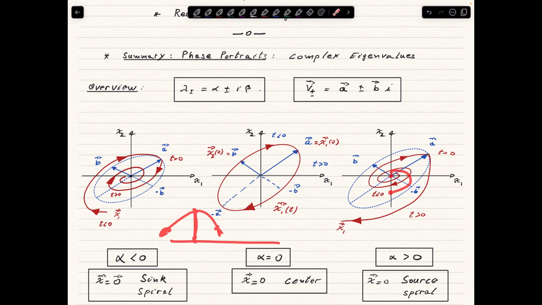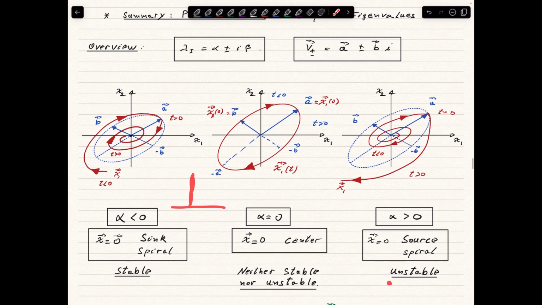So the solution is going to go to infinity. The pencil standing on a tip is an unstable situation, and that's why this system with alpha positive is called unstable, because it resembles the pencil standing on the tip.